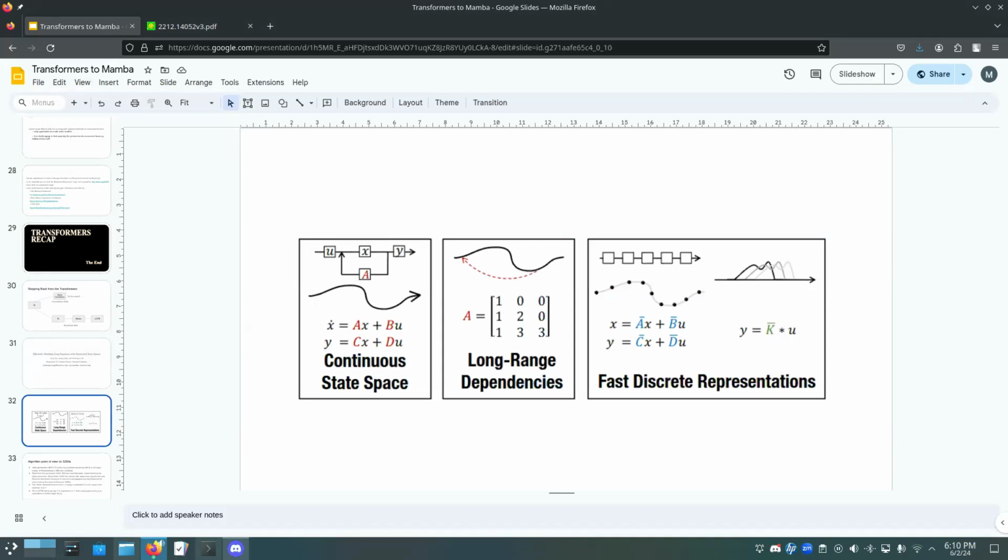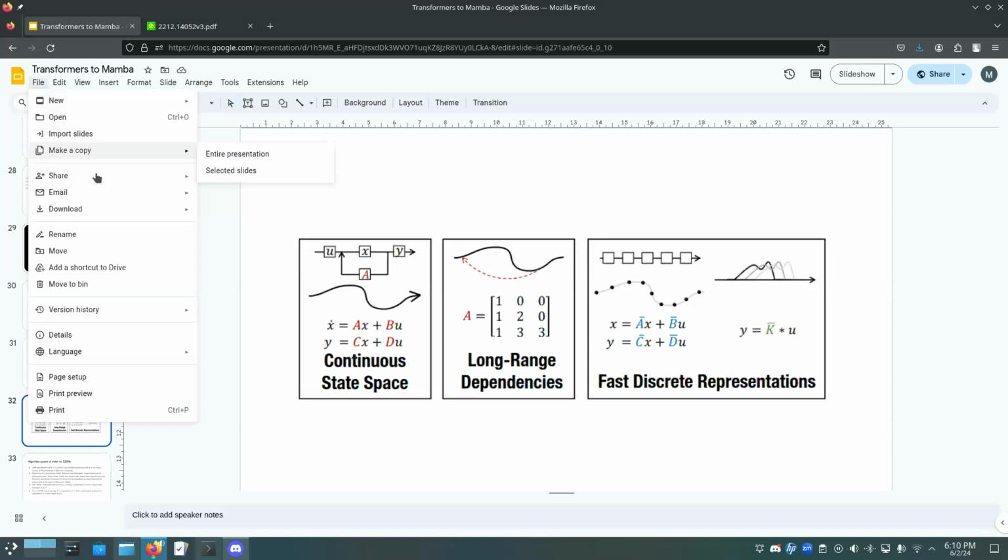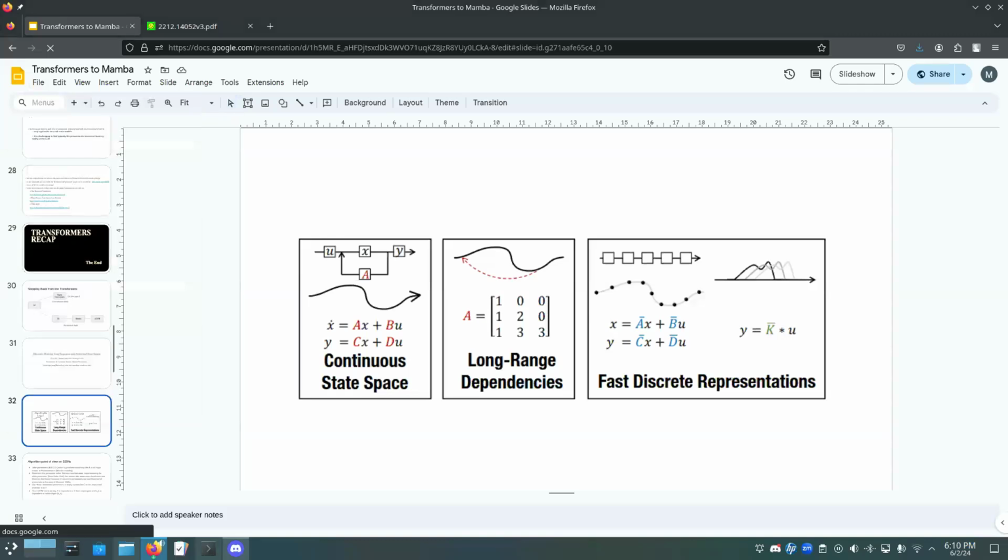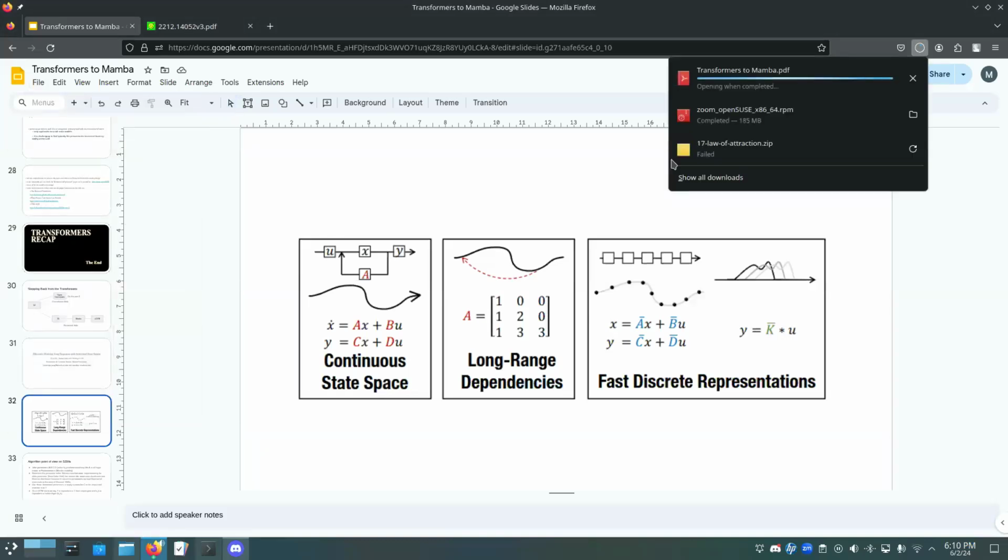Give me a minute. Okay, I'll just convert this into PDF, and we can see the slides. Oh yeah, you could see this.